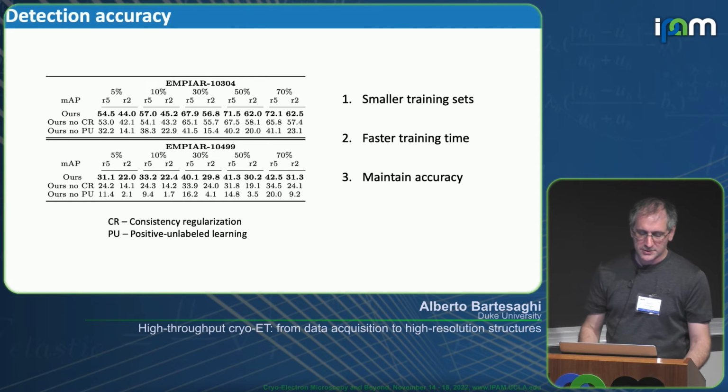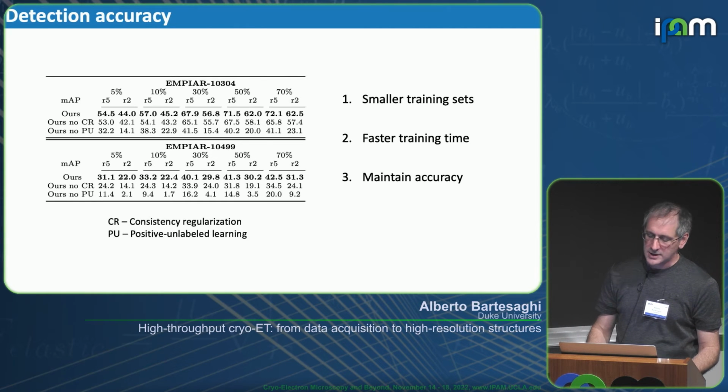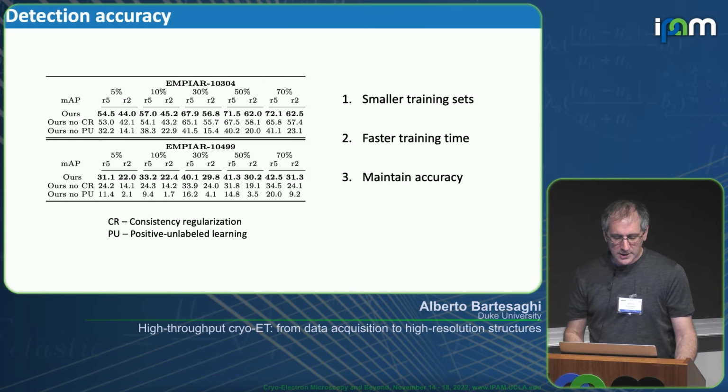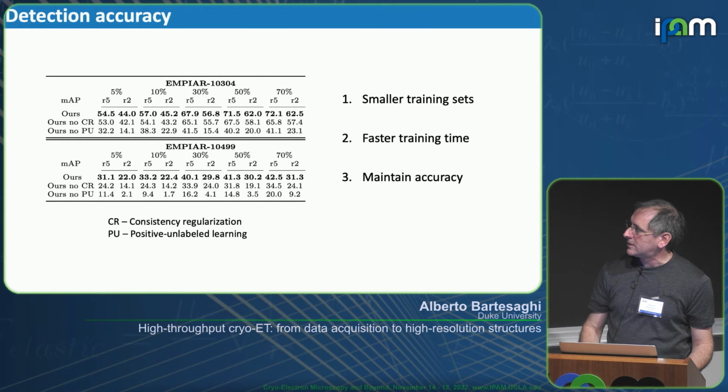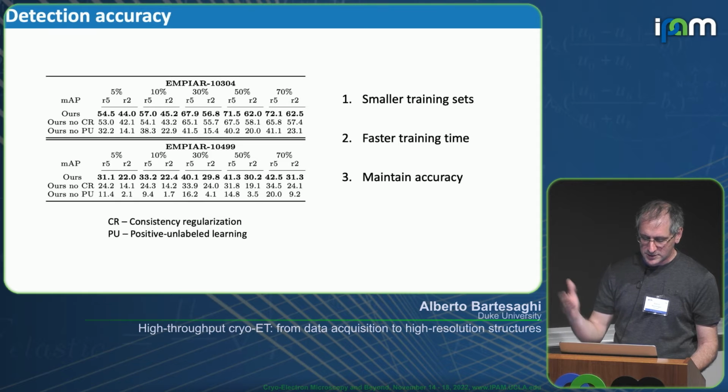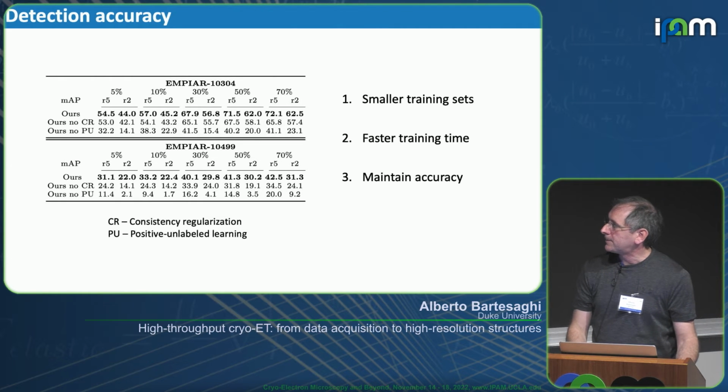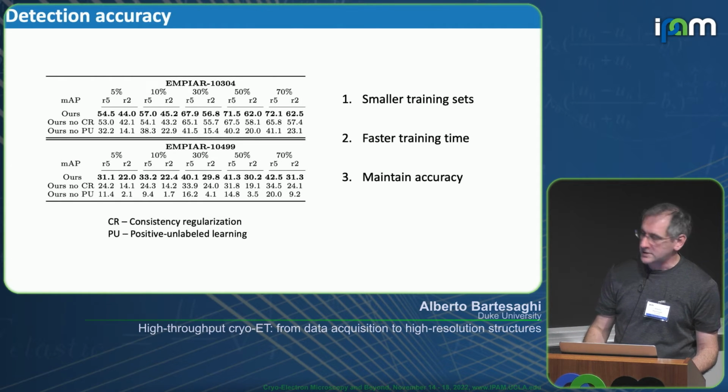So we have some metrics on the detection accuracy when we reduce the amount of labels from 70% to 5%, and we see how these metrics are changing. Obviously, when you reduce the labels, things get a bit worse, but it's still acceptable in terms of performance. And then we did ablation studies where we removed the consistency regularization and the positive unlabeled learning, and we can see that those components are very critical to the performance.